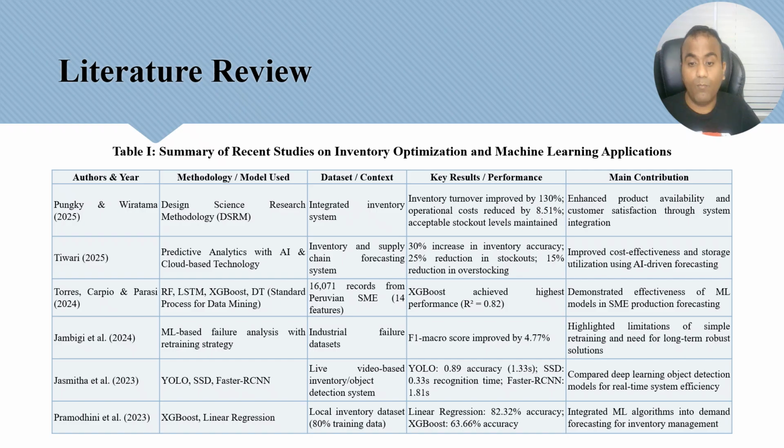Then YOLO had 0.89 accuracy, SSD 0.30 recognition time, Faster RCNN, and linear regression with XGBoost accuracy is 63.66%. So plan versus actual will improve overall with all these methodologies. It reduces the other wastes which are required in a lean-based environment.